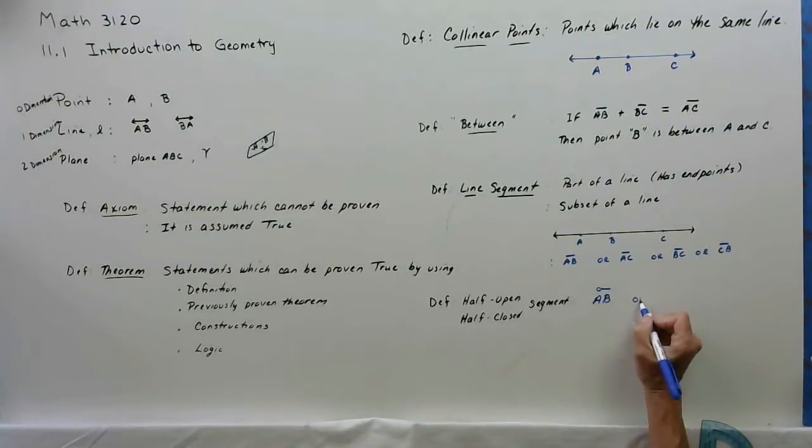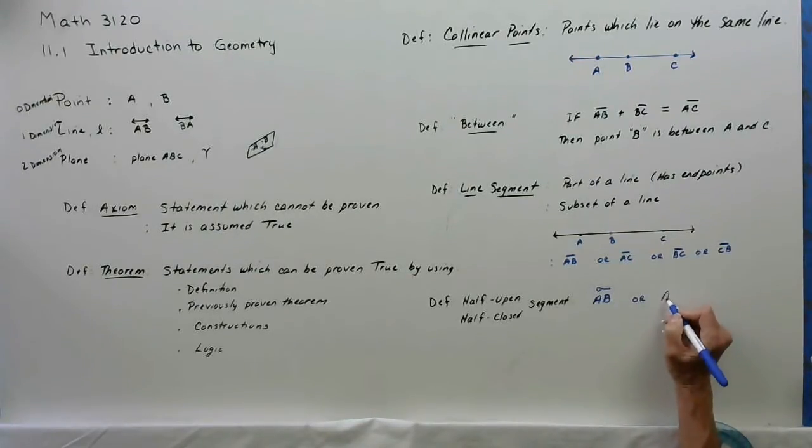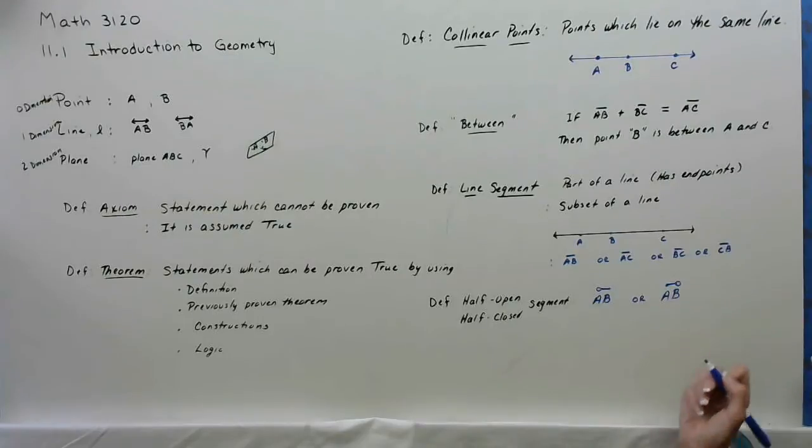Or you could say perhaps it starts with A, but it doesn't actually touch B. So you may remember in algebra classes, you might have had inequalities. So we had that open circle. So that's just called a half open segment or a half closed segment. Okay.